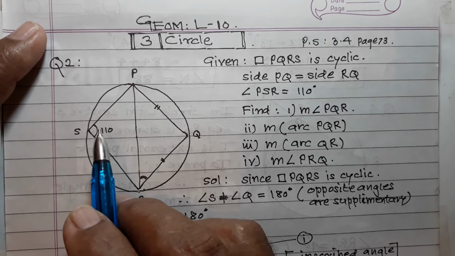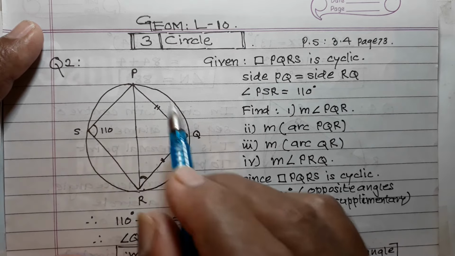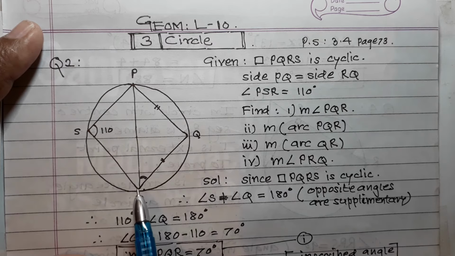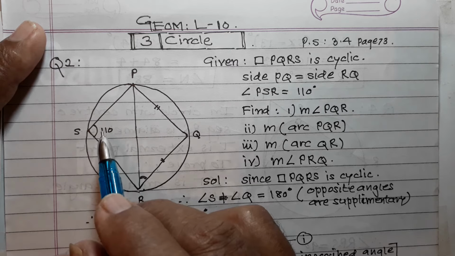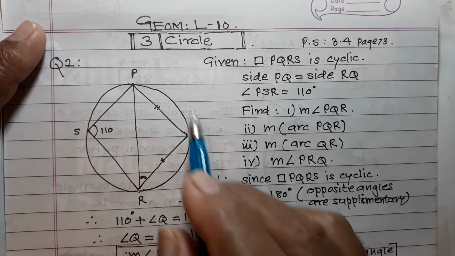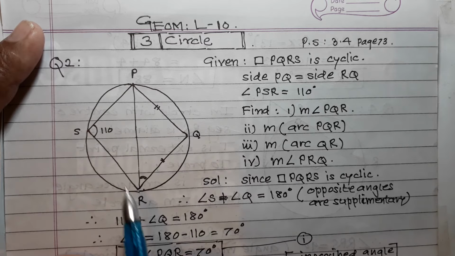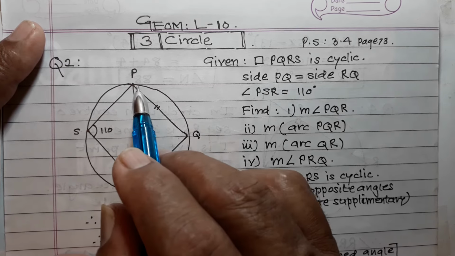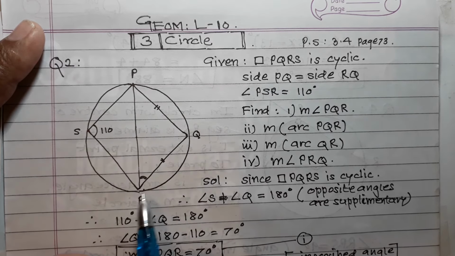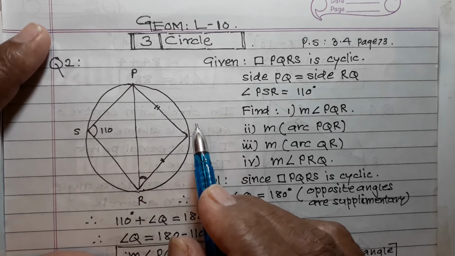Now this angle is inscribed in this arc, and this arc is intercepted by this angle, and therefore this angle is equal to 1 upon 2 major arc PQR. This angle is given, 110, and therefore this arc is double, that means 220.